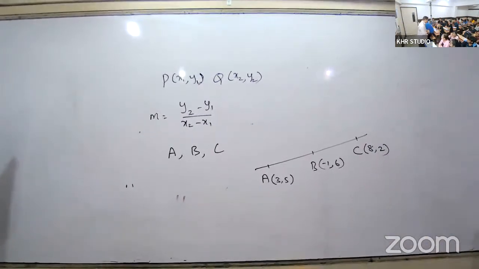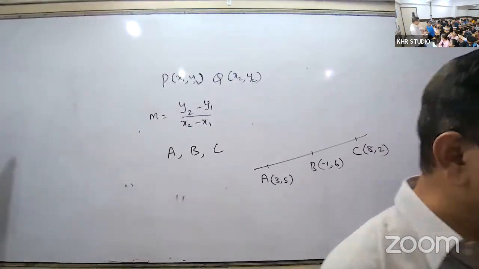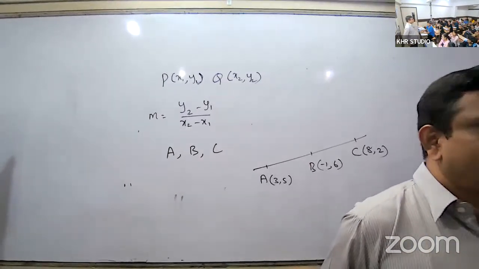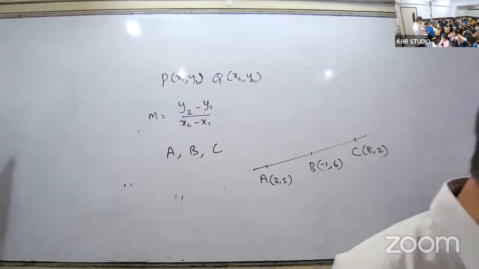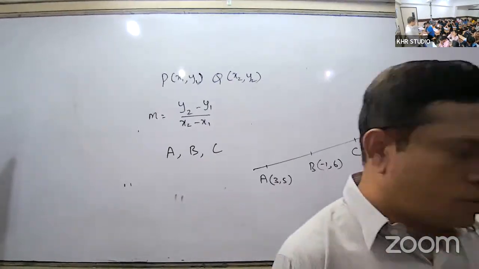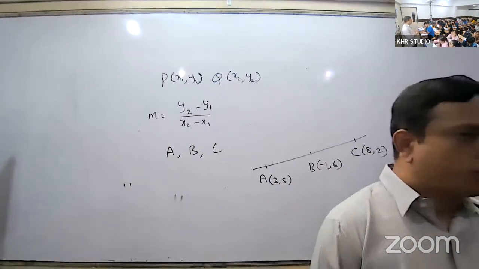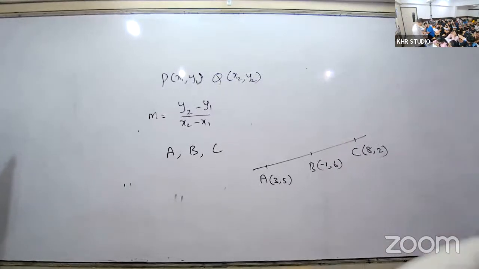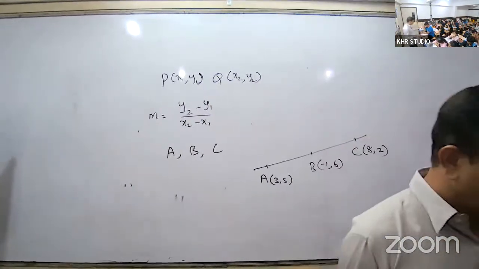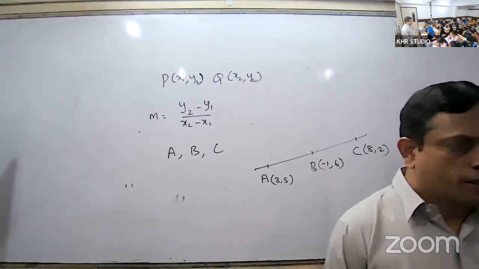Understood or not? One by one. What is the condition for perpendicular lines? The product of the slopes is -1. Okay, understood or not?